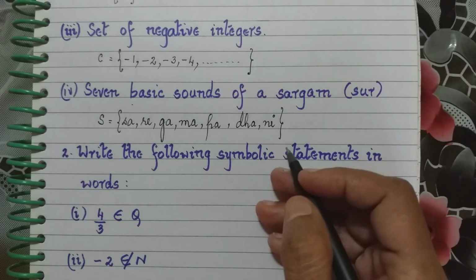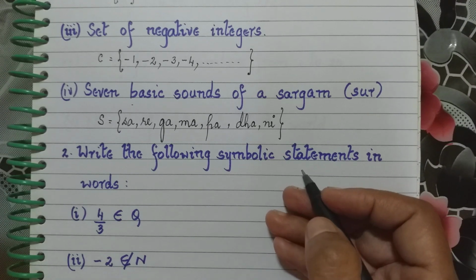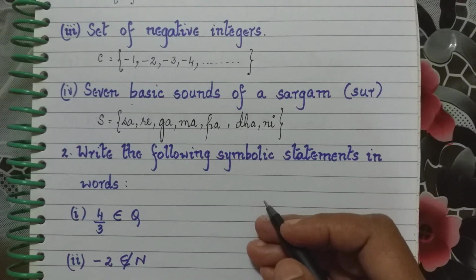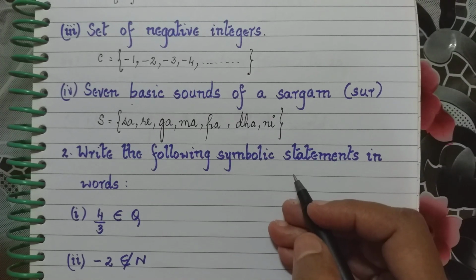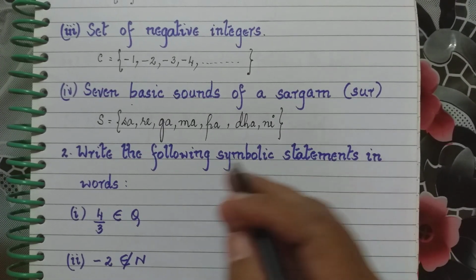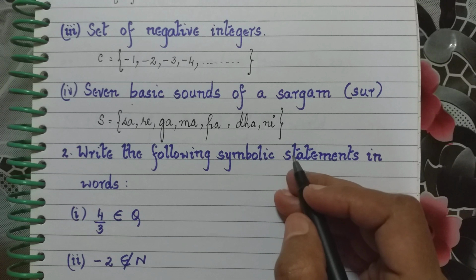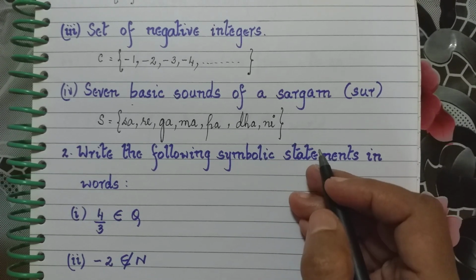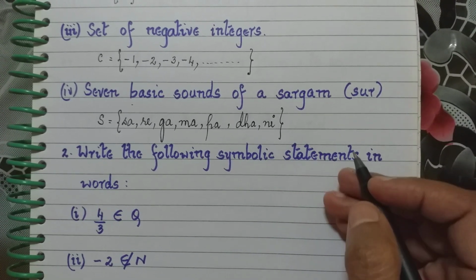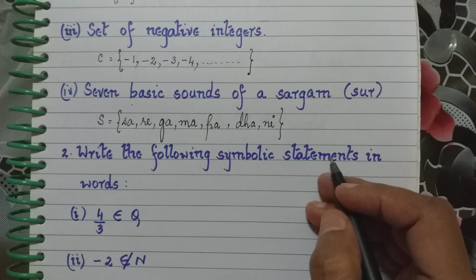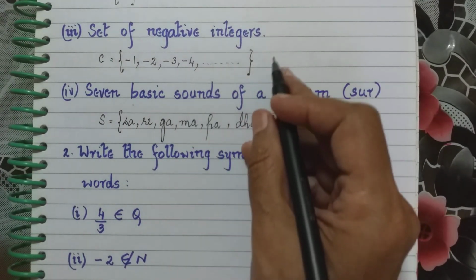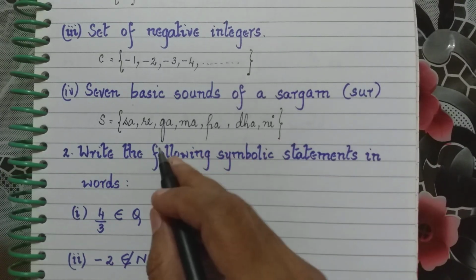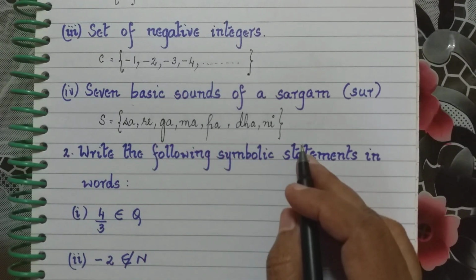But if it is not ending or we are not sure or it is infinite, like when we are talking about integers or natural numbers or odd numbers, then there is no surety what is the end of it, which is the last number. That is the time we put dots and then close the curly bracket. So, this is question 1.